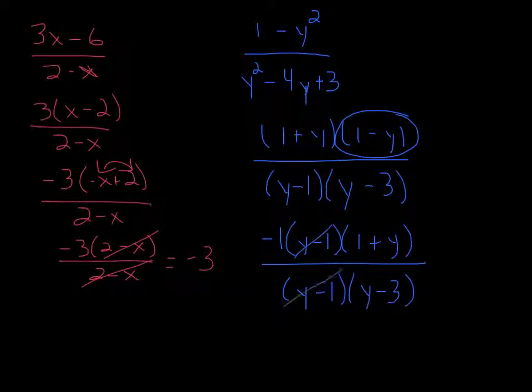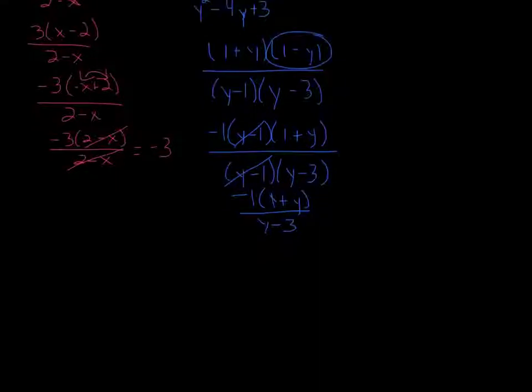And now those two cancel, so we're left with negative 1 times 1 plus y over y minus 3. Running out of space, let me shrink it down. And then we should distribute that negative 1 back in, so we got negative 1 minus y over y minus 3. Okay?